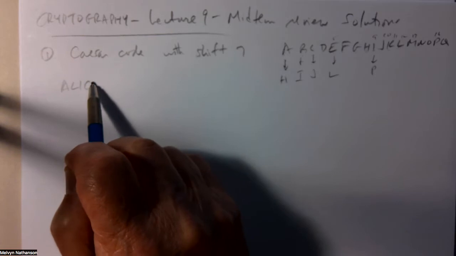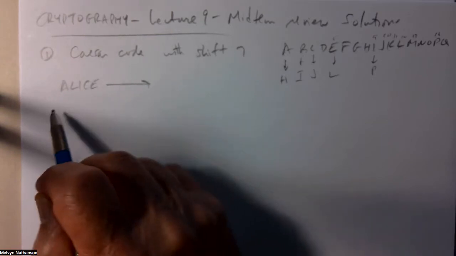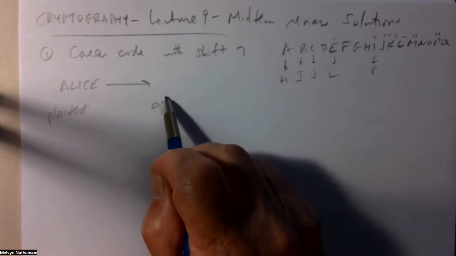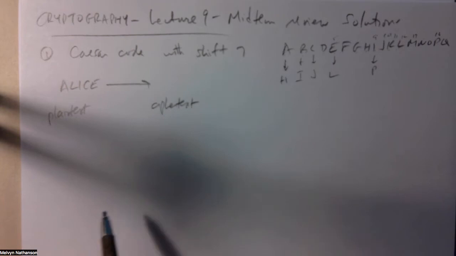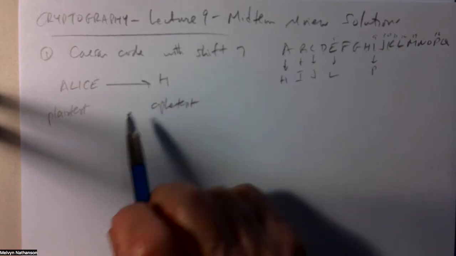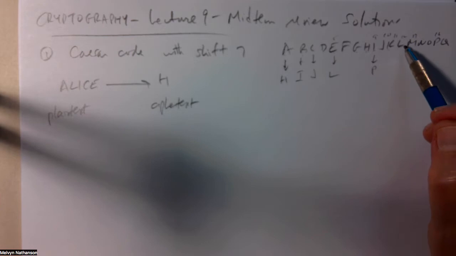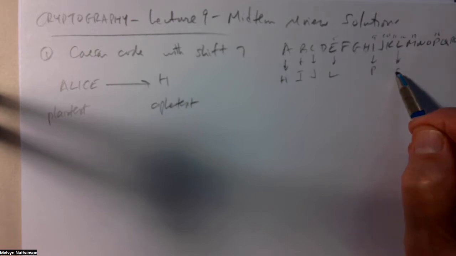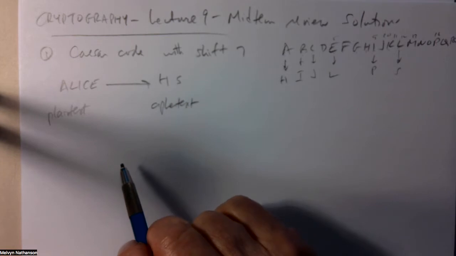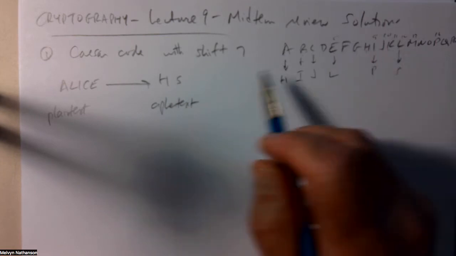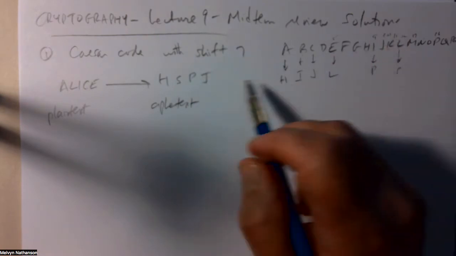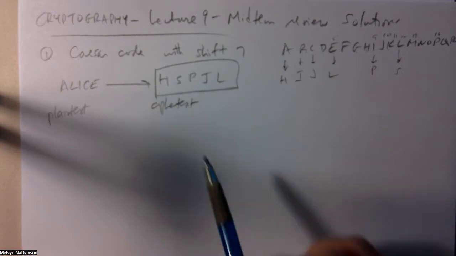So for example, if you take the first name Alice, so this is my plain text, and you encrypt it, A is H, L is, let's see, 12, goes to the 19th letter, Q, R, S. L goes to S, I goes to P, C goes to J, and E goes to L. So that's the ciphertext.